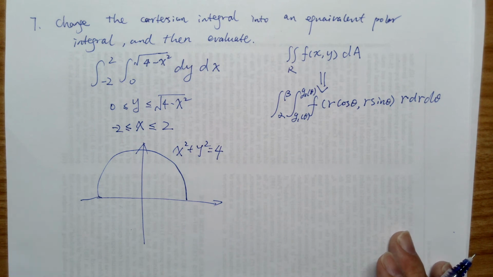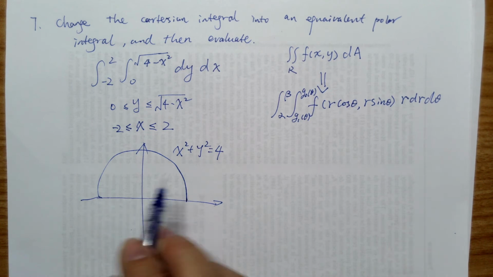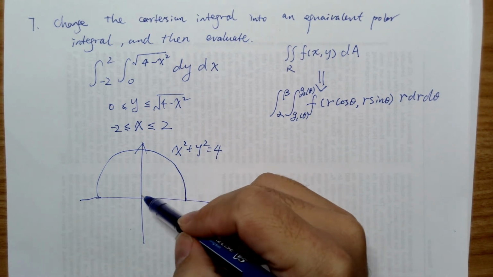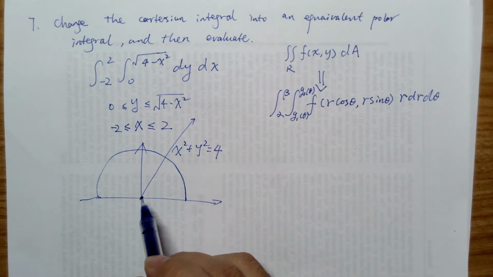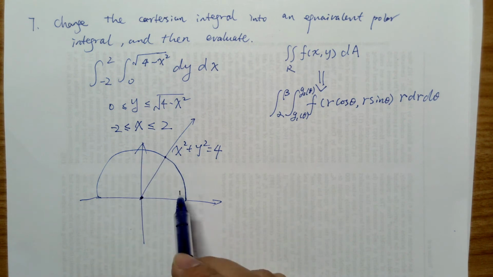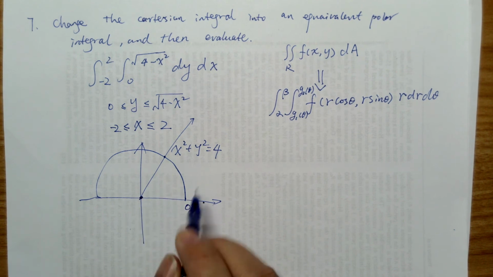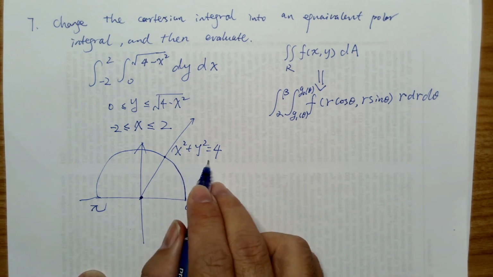Now things become pretty straightforward. If you randomly draw a ray, you can see that it starts from here, and then it escapes when it touches this circle here. And also theta ranges from 0 to pi, right? Of course, x squared plus y squared equals 4.